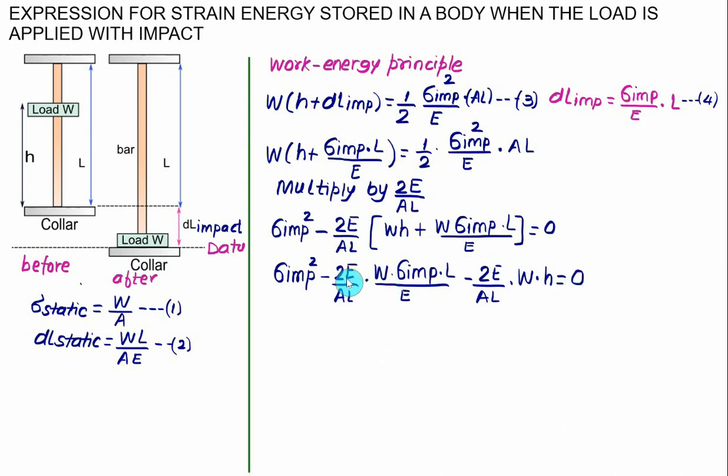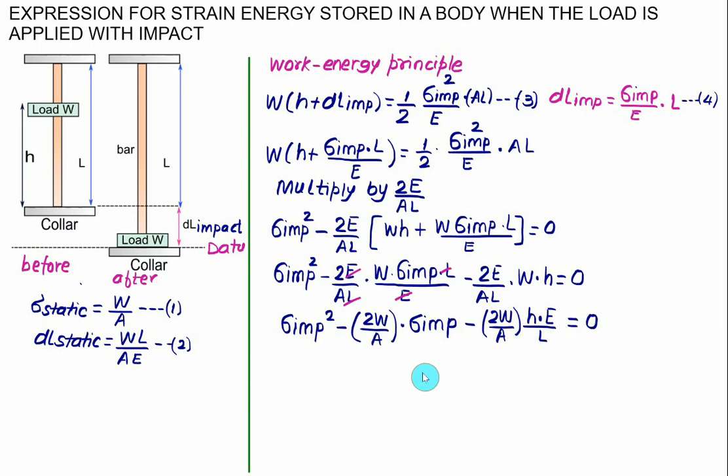As far as the second term is considered, the Young modulus term gets cancelled, and length also gets cancelled. So we have impact stress square minus 2 times W divided by A multiplied by impact stress, minus, here also we can club 2 times W divided by A in one bracket. What is left is H into E divided by L, and the right hand side is equal to 0.